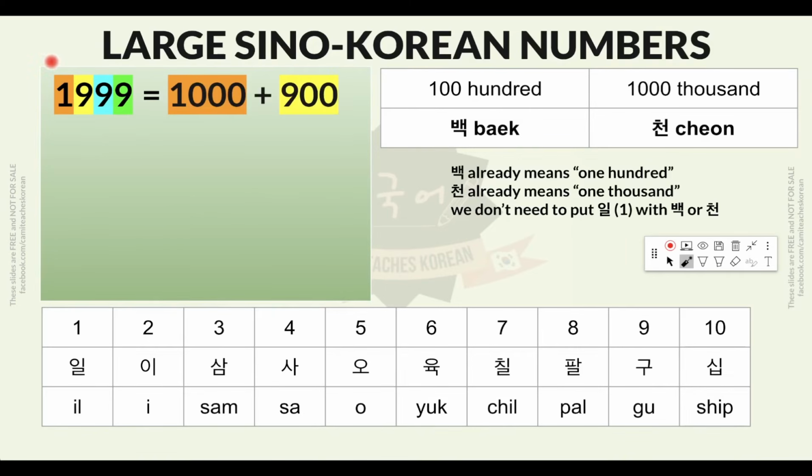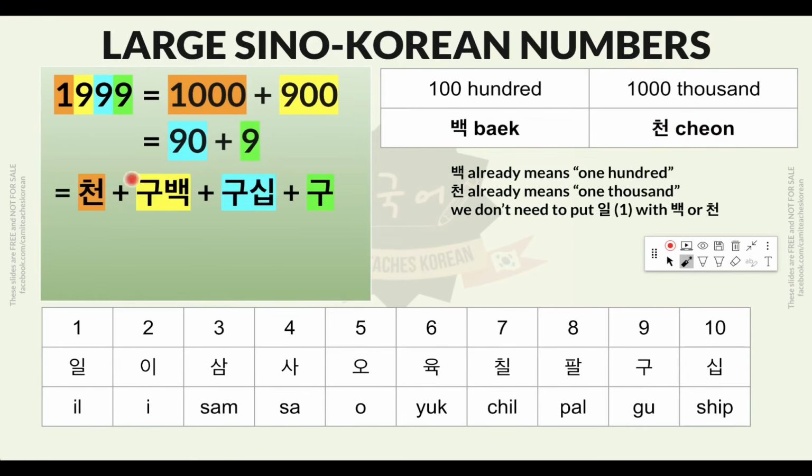So, always with the largest number first, we have the chon, then 900, tapos 99. So, unahin po yung 1,000. 1,000, again, chon lang po siya. Ang 900 po, kunin nyo po yung gu, lagyan ng bek. Gubek is 900. Pag 90, guship.